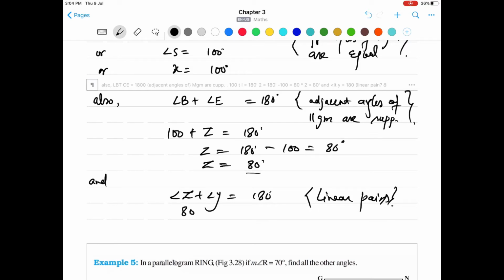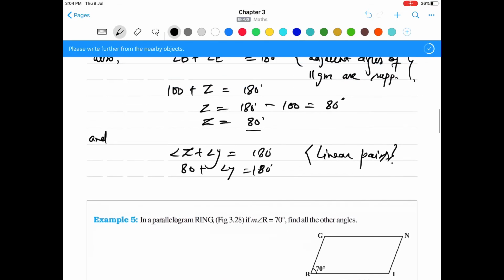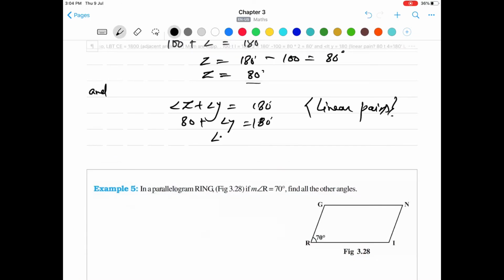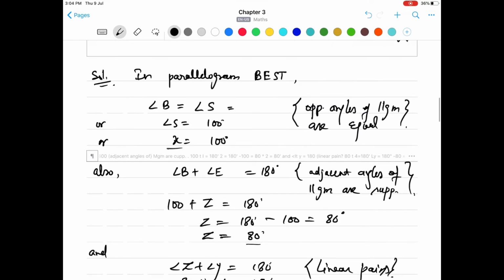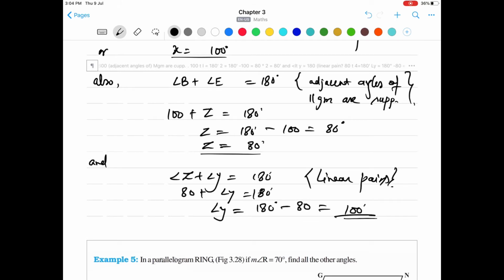The value of angle z is 80, plus angle y equals 180 degrees, hence angle y will be 180 degrees minus 80, which equals 100 degrees. Now we have got the value of all three angles. x is 100, y is 80, and z is 80, and y is again 100 degrees.